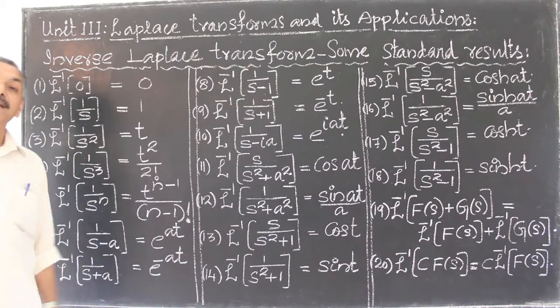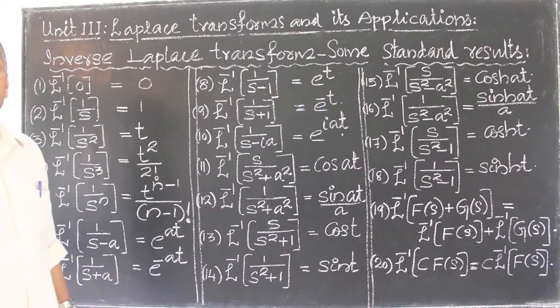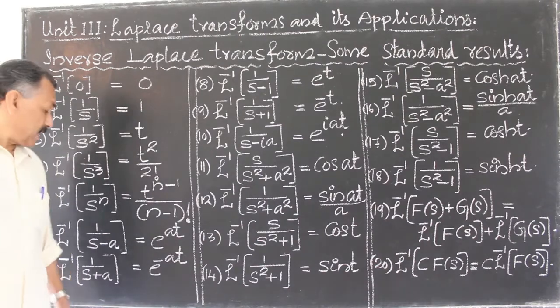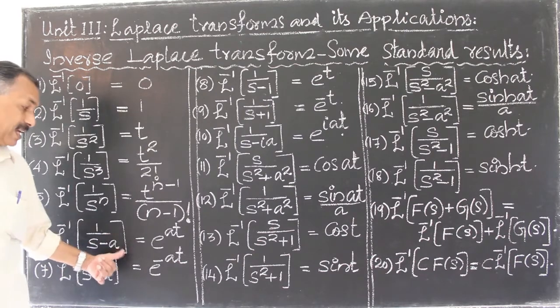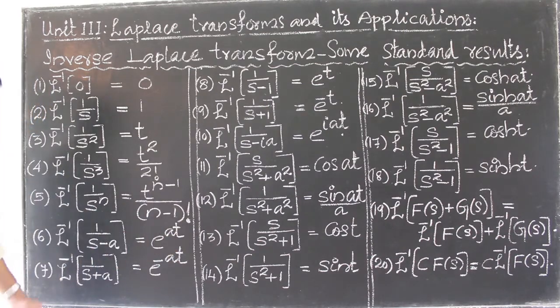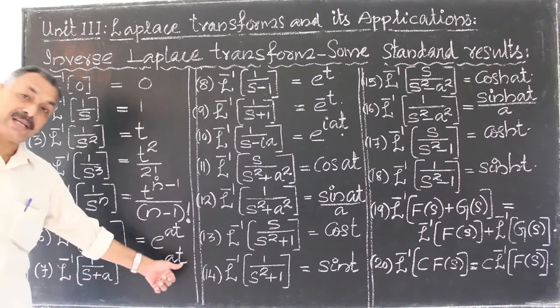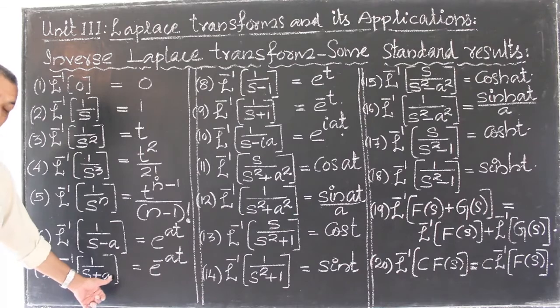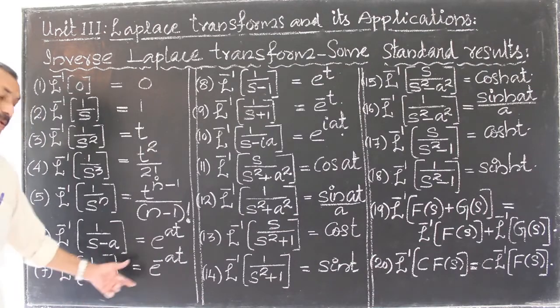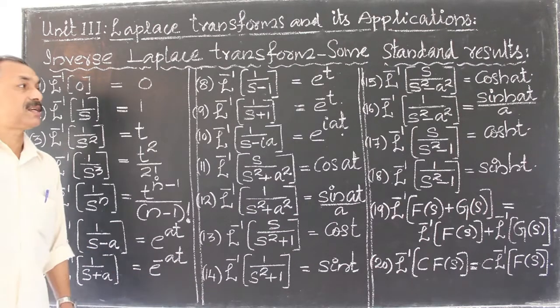What is Laplace transform of e raised to at? L of e raised to at is equal to 1 divided by s minus a. That means L inverse of 1 divided by s minus a is equal to e raised to at. Similarly, L inverse of 1 divided by s plus a is equal to e raised to minus at.